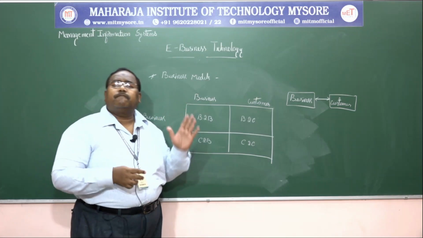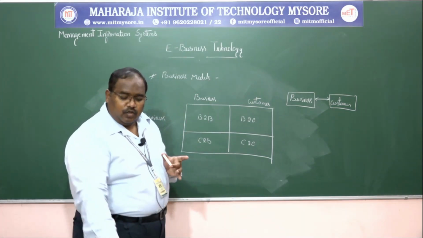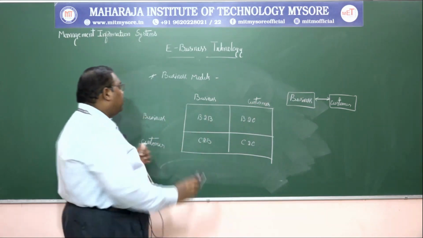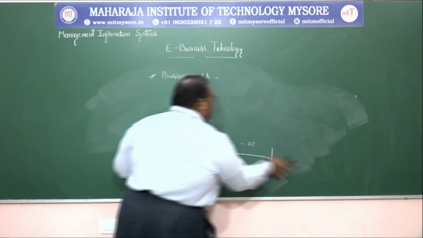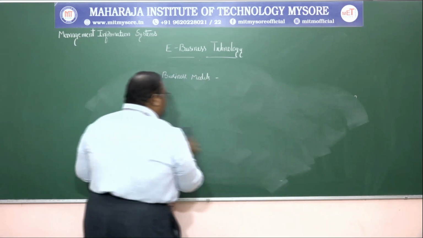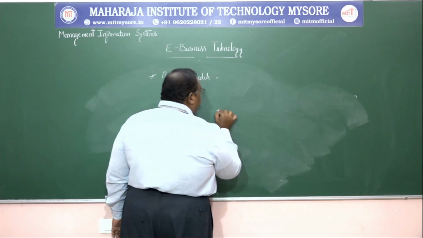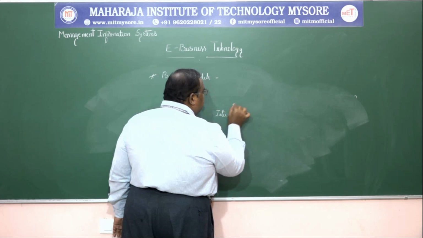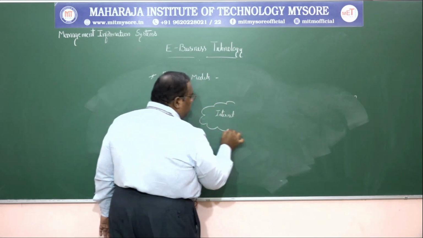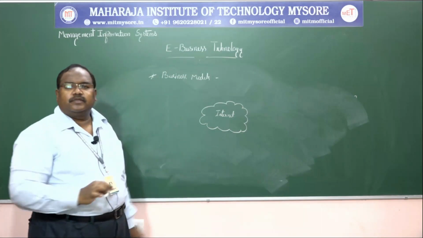When we talk about B2B, B2B happens to be a very good representation. I'll write it with a representation and show it. The first one is nothing but B2B. What happens here? We have the internet. I say for any activity, internet is the hub.